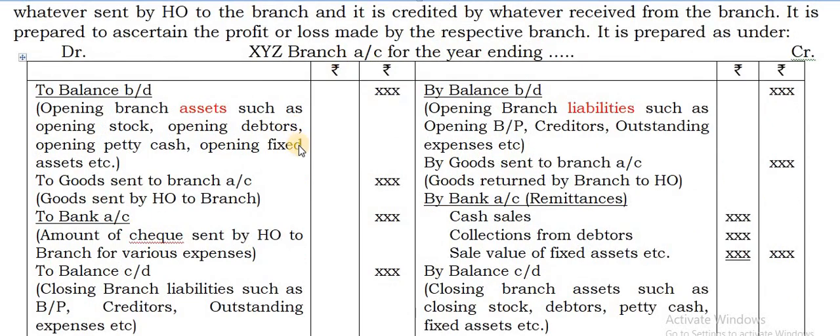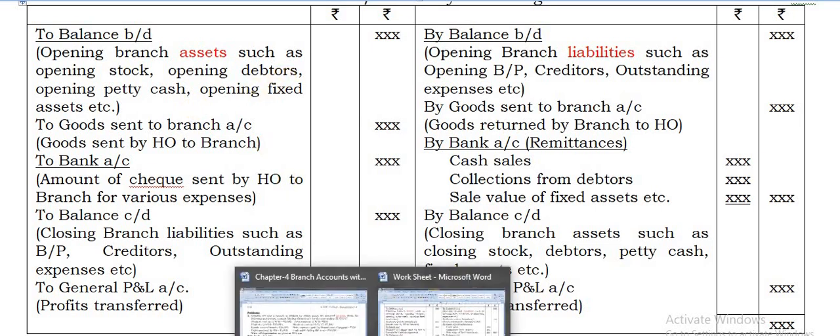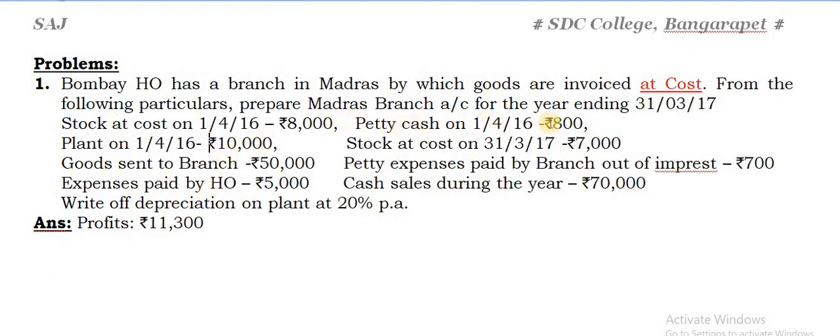That is what I told you yesterday in the last class. All opening balances will be taken on the debit side. Now there are three assets like that. Which are the three? One is the opening stock, petty cash, as well as plant. So these three are the opening assets to be taken on the debit side.